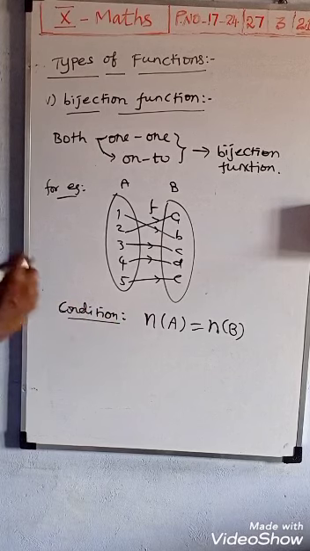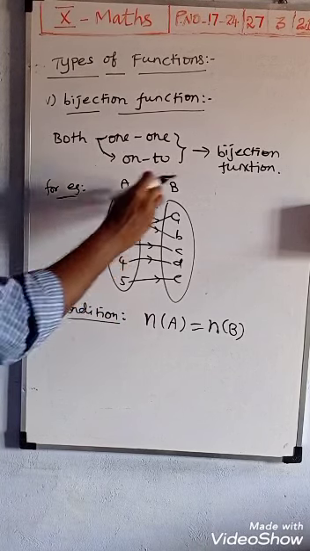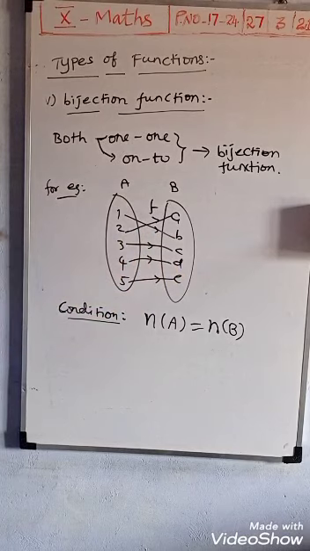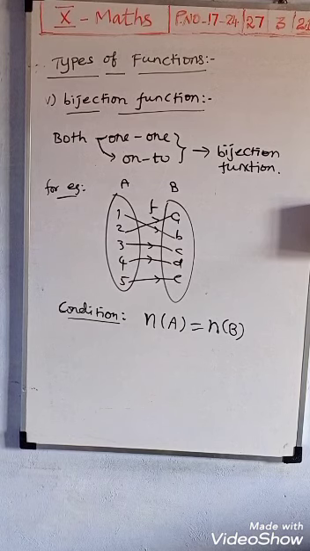So it is called a bijection function. Here 5 elements, and here 5 elements, mapped differently. So it is called a bijection function. Okay. So all the types of functions are over. Using these conditions and definitions, we are going to solve the problems. Okay. See.